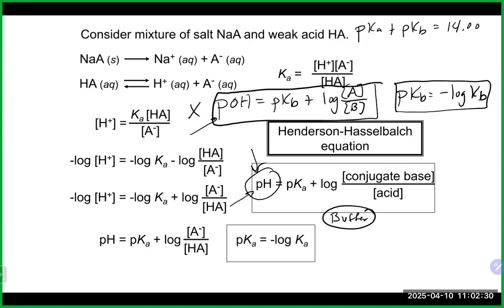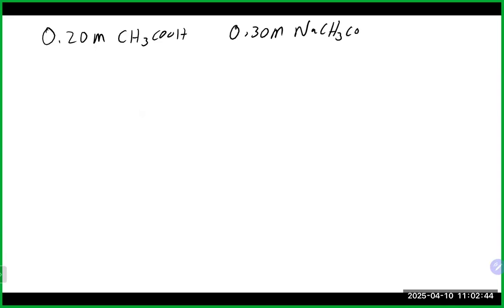So with that being said, if we think about what we had previously, which was 0.2 molar acetic acid and 0.3 molar sodium acetate in that last example, and a Ka value of 1.8 times 10 to the minus 5. By the way, these two things are related to each other, right?